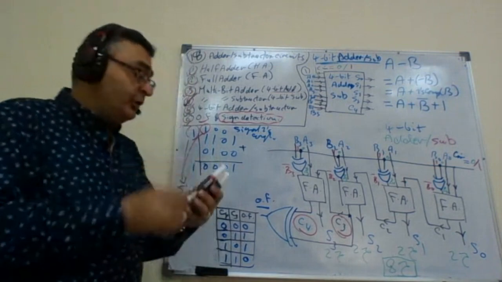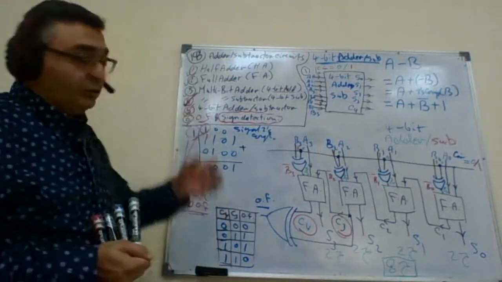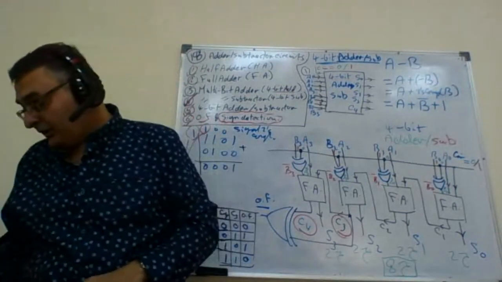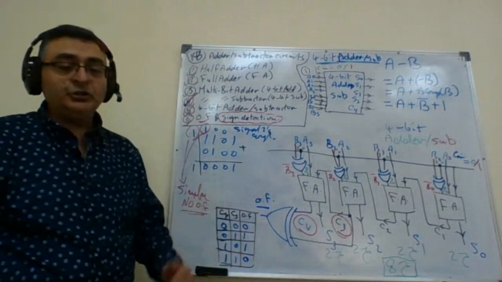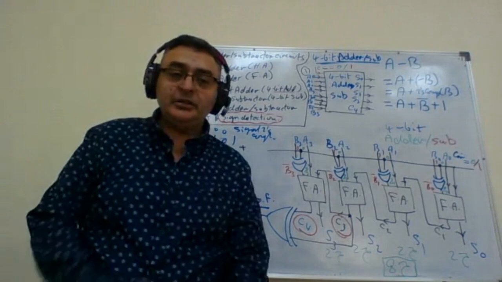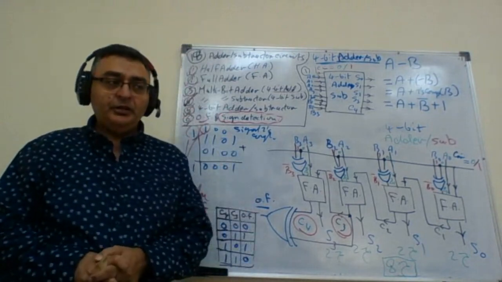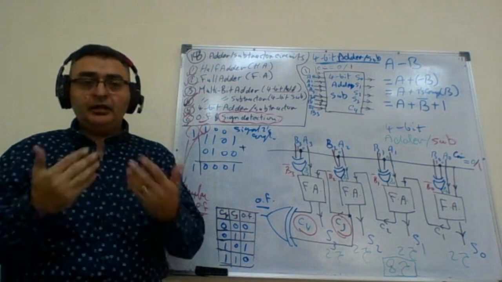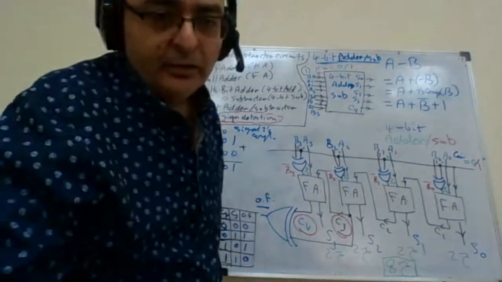We also shed some light on how to detect the overflow for signed numbers. And this closes lecture number 18. In the next lecture, inshallah, 19, we will go over decoders and encoders, and the next one will be multiplexers and demultiplexers. Thank you.